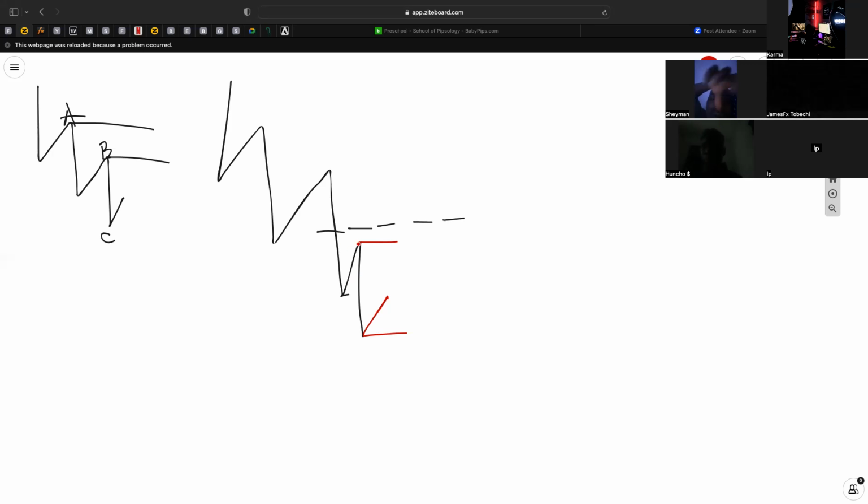Being an incomplete pullback, what does that mean? I want you guys to listen attentively. If you want to count this structure, instead of counting it like this, high, low, high, low, high, low, this is totally wrong, because this one has not fulfilled its purpose as a retracement.